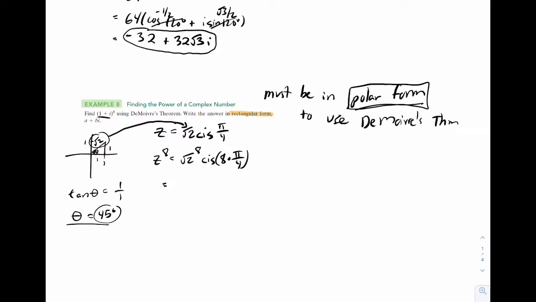So this would be 2 to the 4th cis 2 pi. 2 to the 4th is 16. Let's expand this: cosine 2 pi plus i sine 2 pi. Sine of 2 pi is 0, so that's gone. Cosine of 2 pi is 1, so our answer is 16.